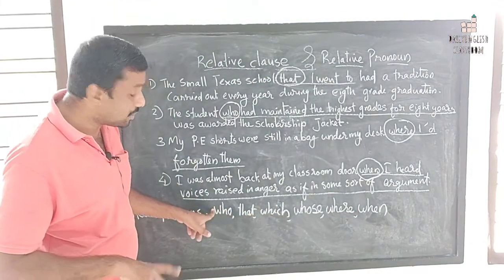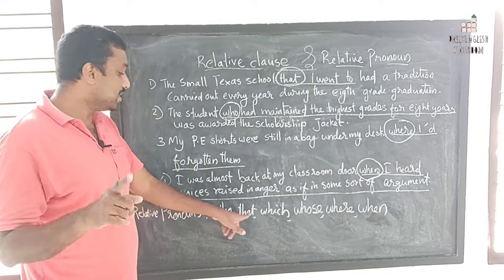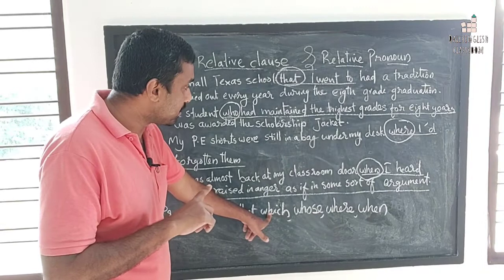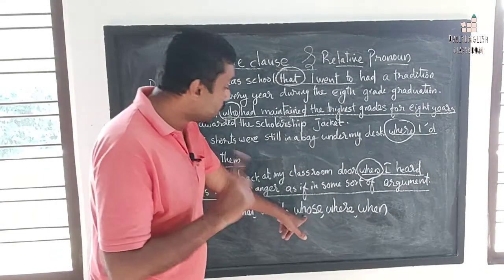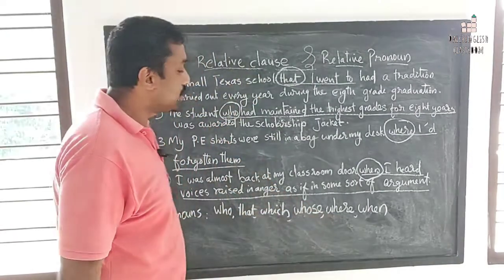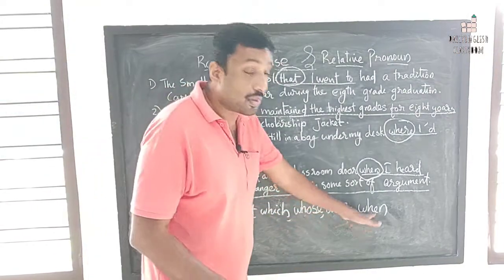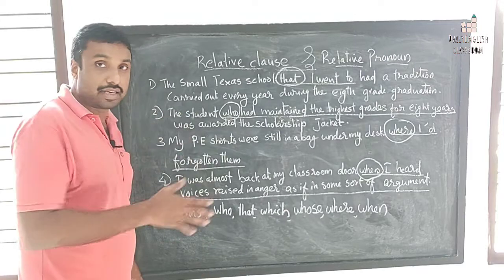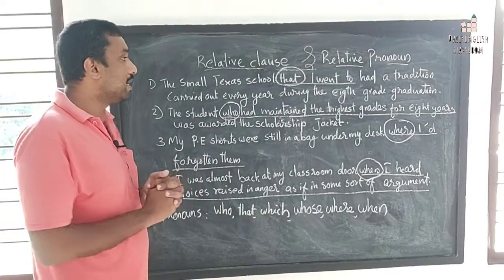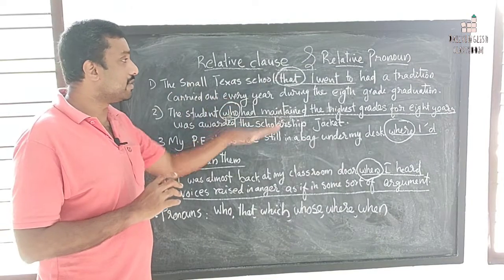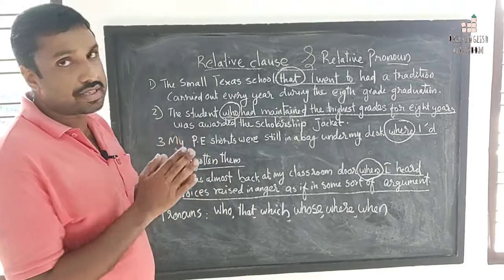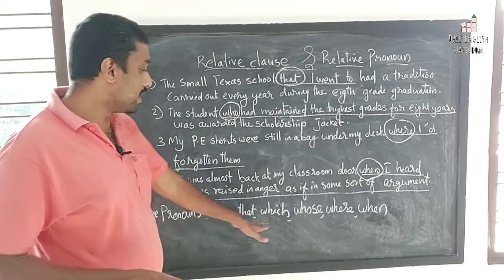Who is referring to a particular person, that is referring to a thing, not to a person, which is referring to a thing, and whose is referring to a possession, someone's possession, where is referring to a place or location, and when referring to a time period. So all you have to remember is that we can make relative clauses, add it to a sentence, and it should begin with a relative pronoun. There are so many relative pronouns.